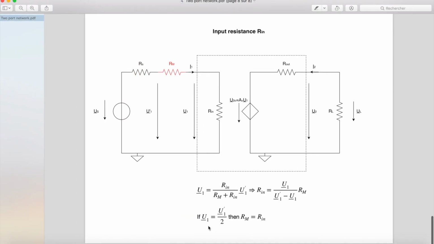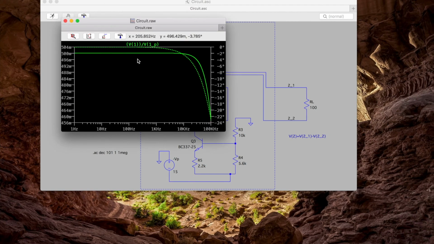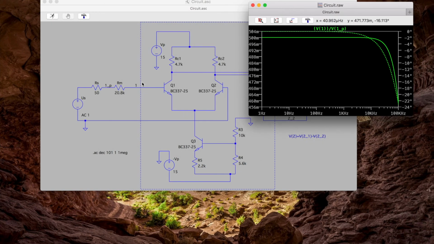We use this if U1 is equal to U1 prime divided by 2, then Rm is equal to Rin. And we obtain this result for a Rm equal to 20.8 kilo ohm, and this is not correct with the 14.2 kilo ohm we had calculated.